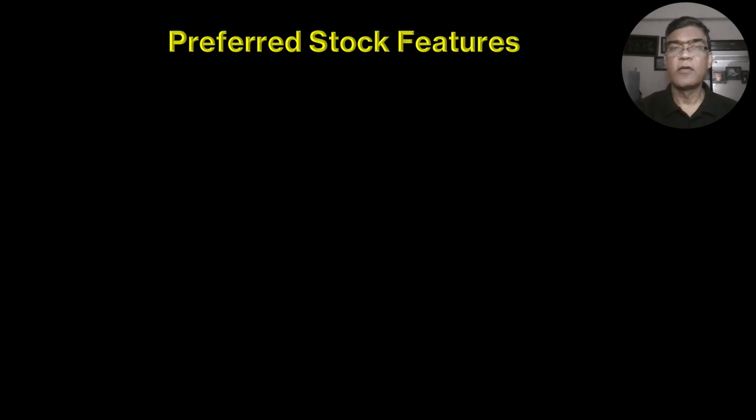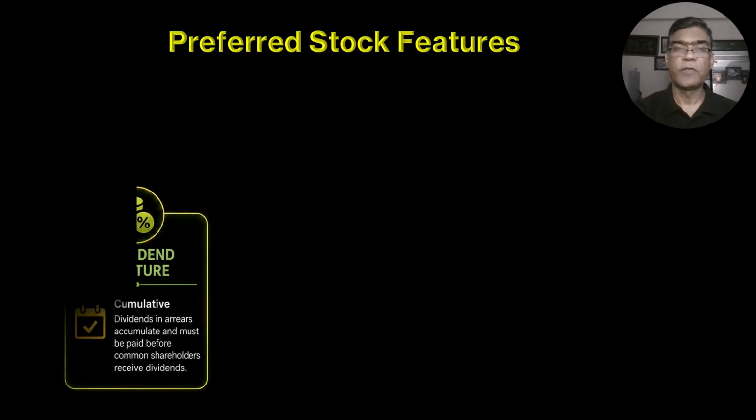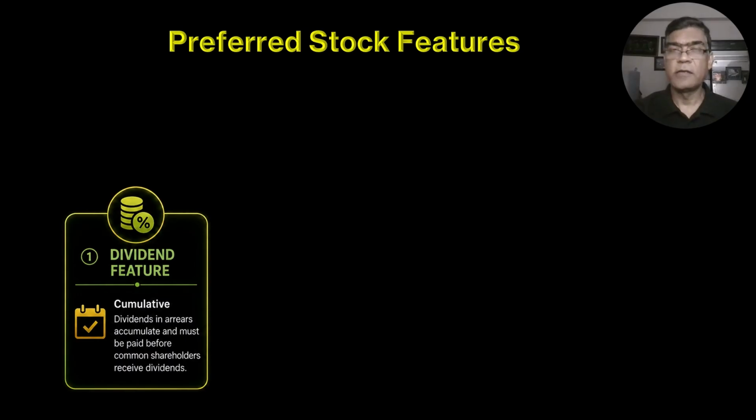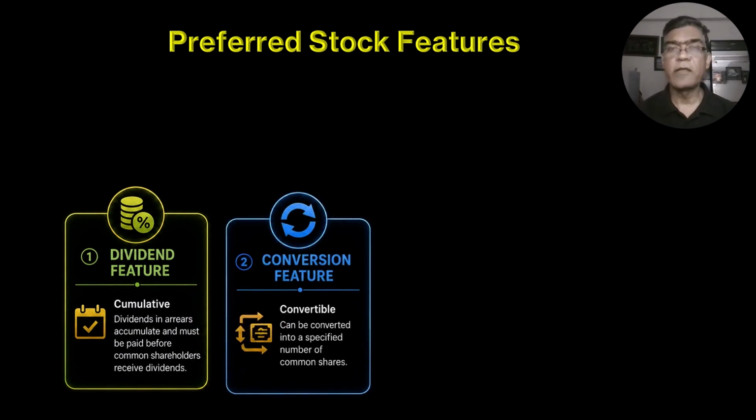Let's start with the dividend feature. Cumulative. If dividends are missed, they accumulate and must be paid before any common dividends. Next, the conversion feature. Convertible. This allows preferred shares to be exchanged for a specified number of common shares, offering flexibility and potential upside.